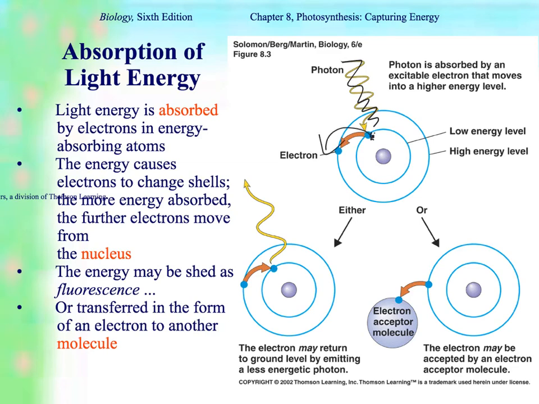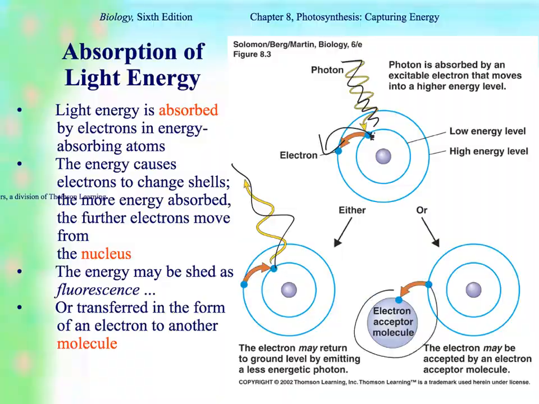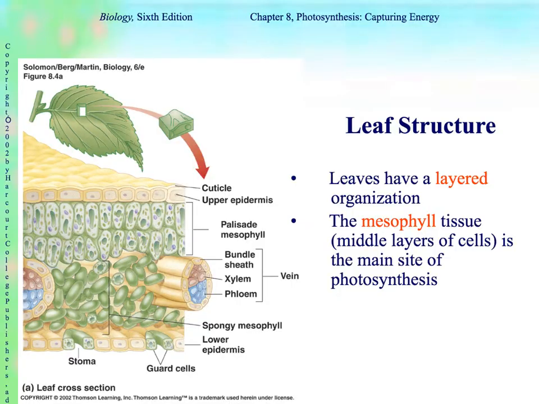The more energy absorbed, the farther electrons will move away from the nucleus. This energy may be shed as fluorescence. So it has two different options, basically. It either is going to be emitted as light, as fluorescence light, or it will be accepted by an electron acceptor molecule.